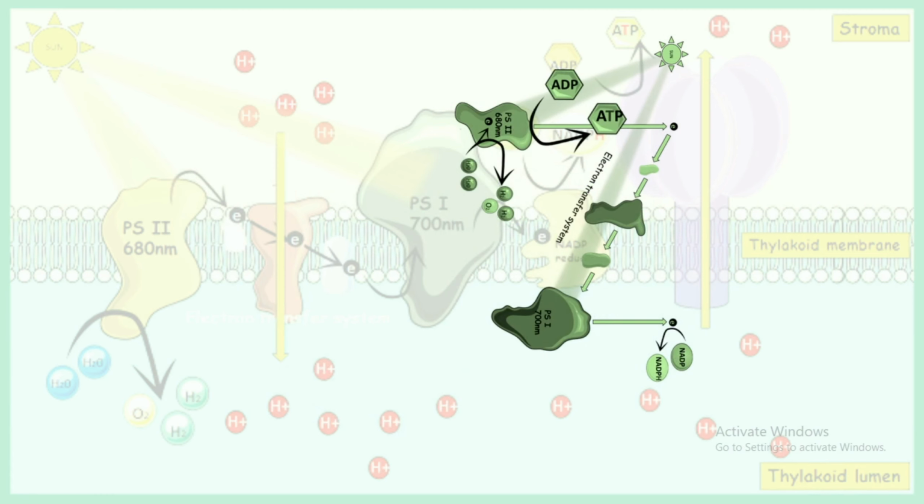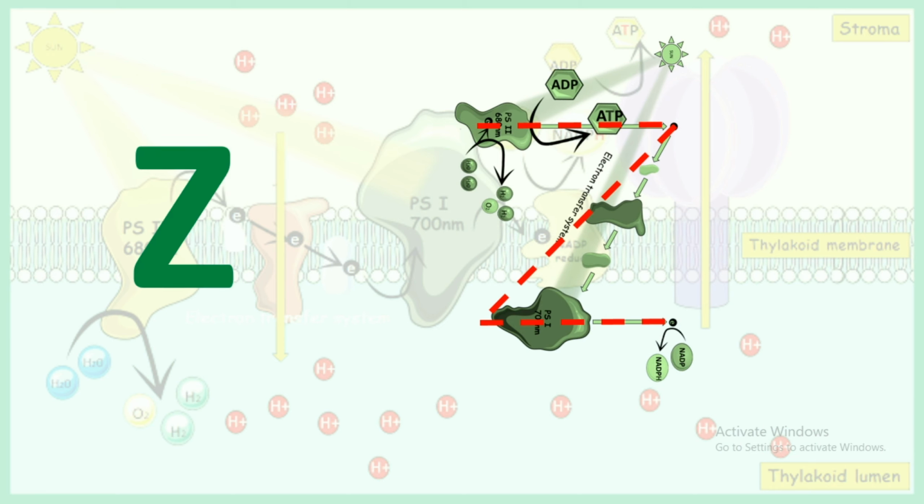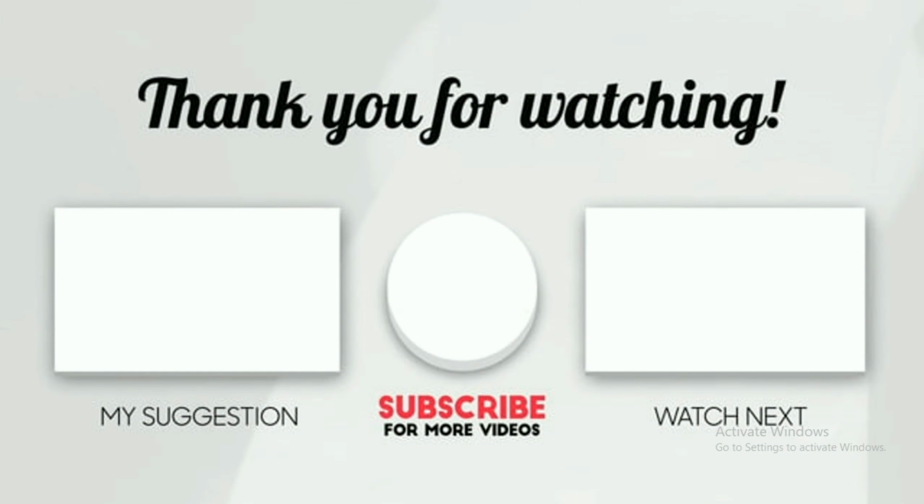Now once we have rotated the diagram, if we trace the pathway of electron movement in this diagram, we can see it roughly resembles the structure of a Z, and that's why this non-cyclic photophosphorylation is said to be the Z scheme. Now I hope you clearly understand what exactly happens in non-cyclic photophosphorylation and why it is known as the Z scheme.